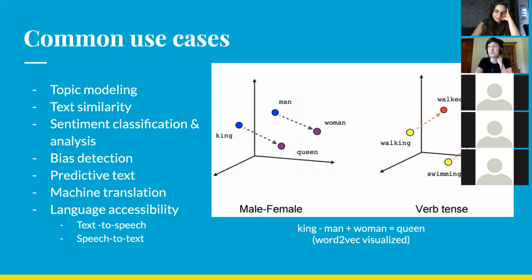You can get into sentiment classification and analysis. So you can find out whether people appear happier or more upset. This is something that social media companies do a lot. They want to track their users to see whether particular types of content will affect their users in one way or another, and how.